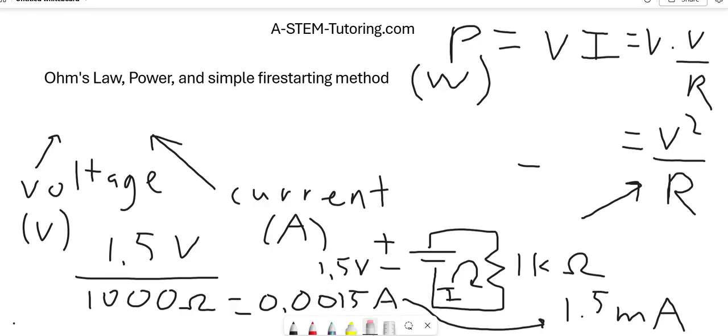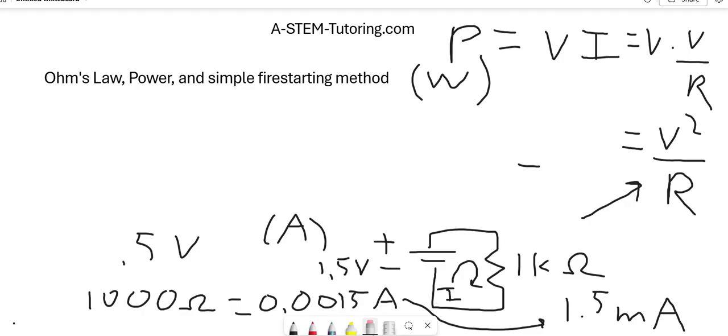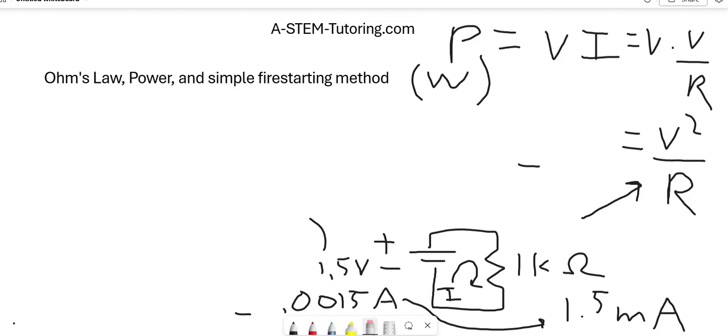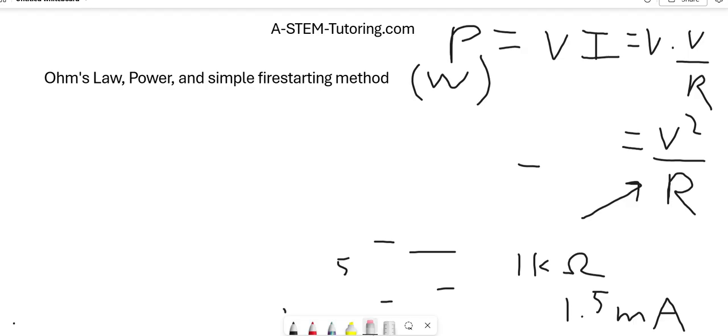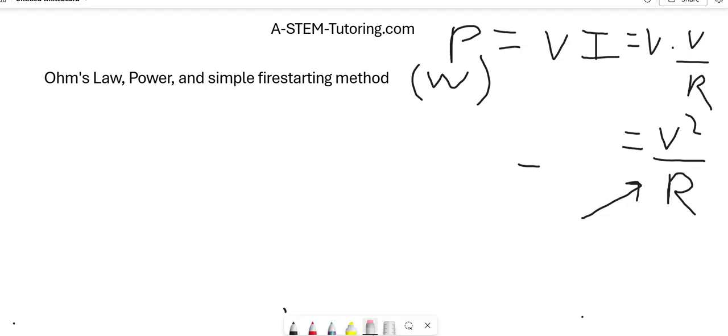So how would that work in practice? I don't have a good photo, so I'll draw a diagram to show you all that. So you have your AA battery.